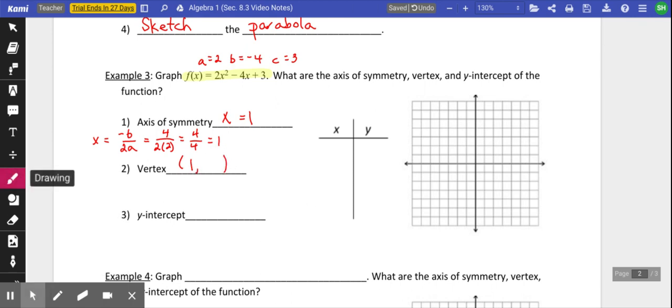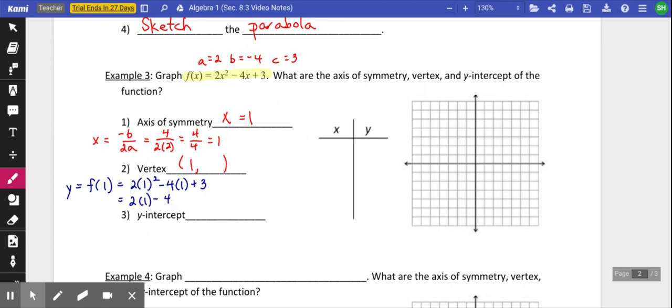Once you know the x of the vertex, we go back and plug that x value into our function. Everywhere I see an x, I'm going to let the x be 1. So 2 times 1 squared, minus 4 times 1, plus 3. Then we follow our order of operations, so exponents first.